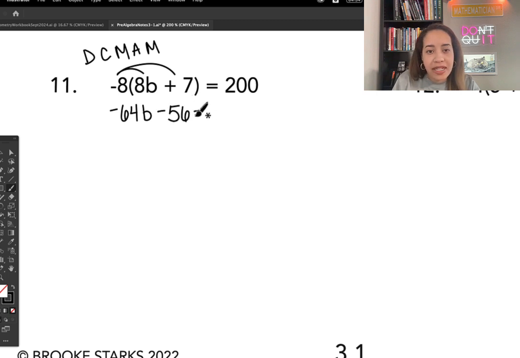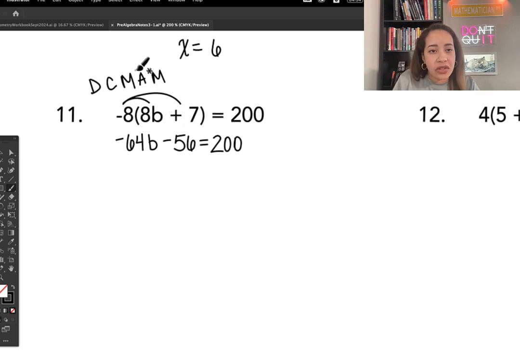Then I will copy down the rest of the problem. So I'm copying equals 200. We are down to our last two steps. We see multiplication because we see a number right next to a letter, and that means multiplication. We also see subtraction. We have talked about how we undo addition and subtraction before we undo multiplication and division.